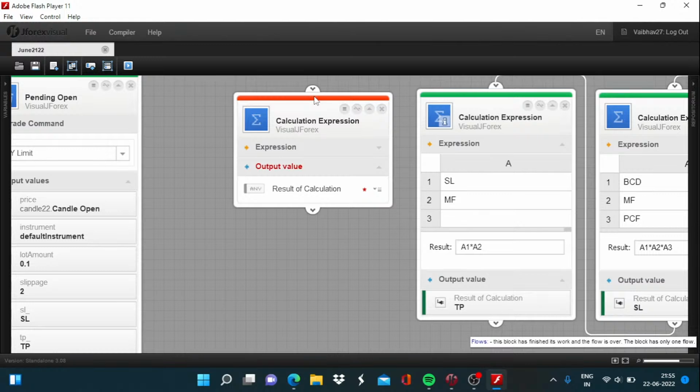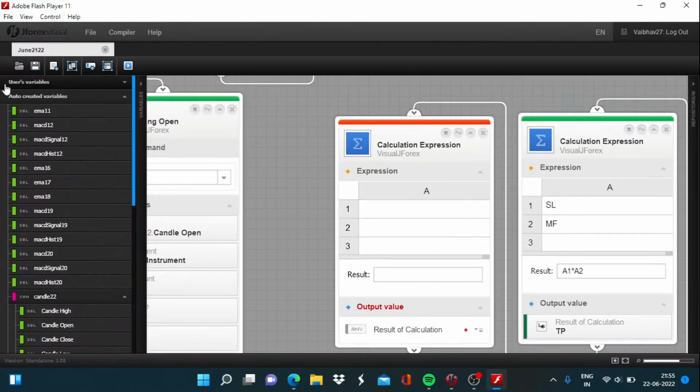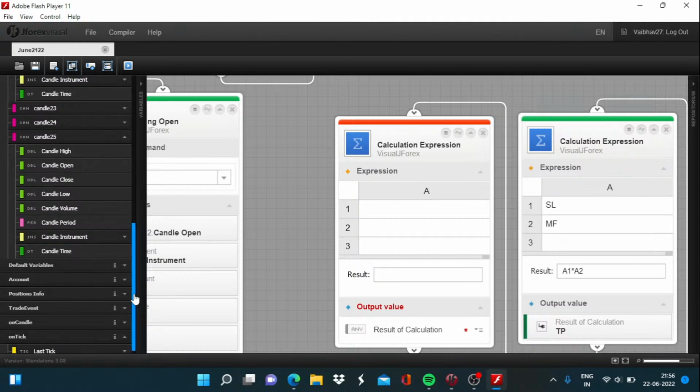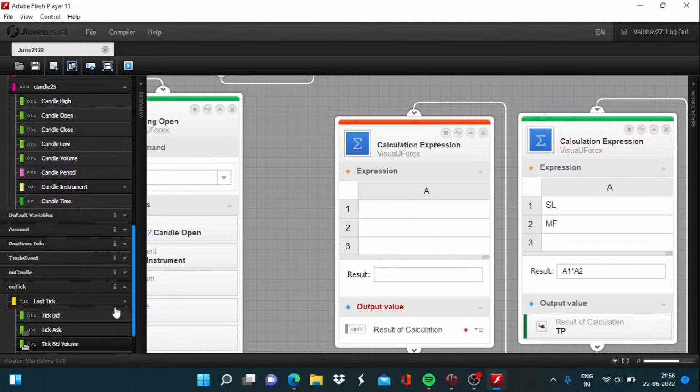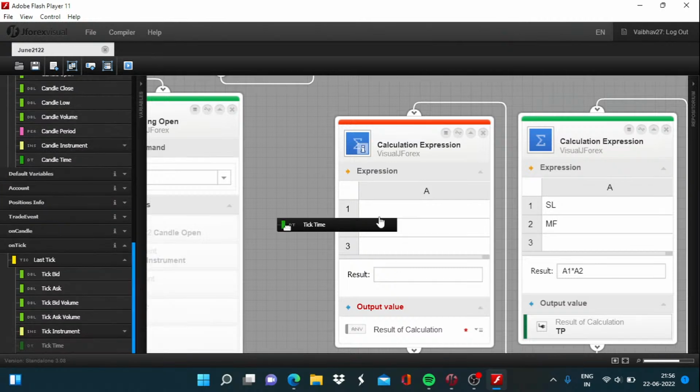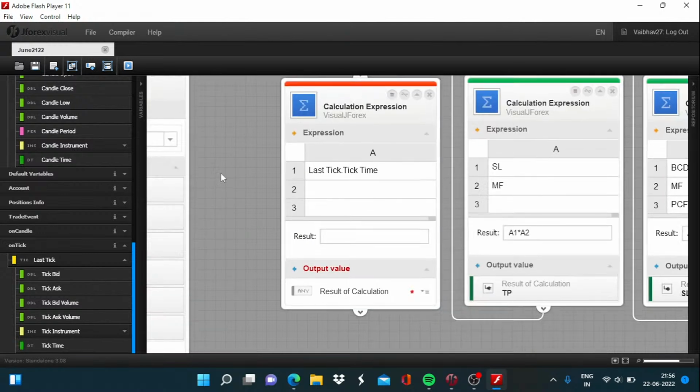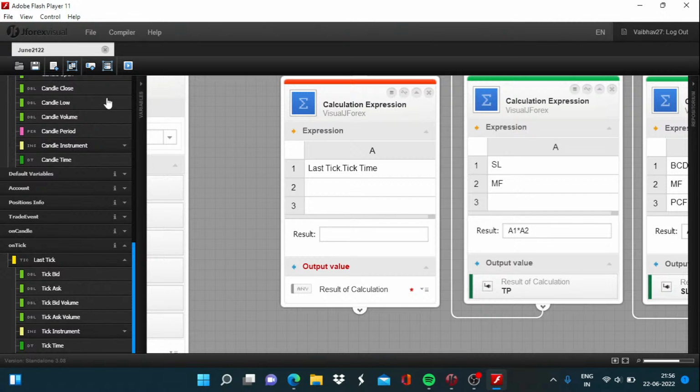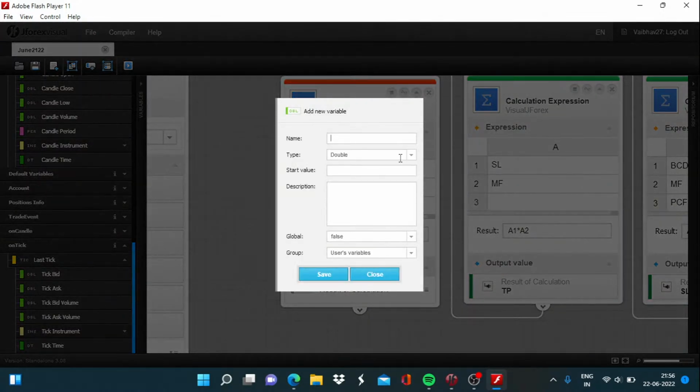So whatever is the last tick time, we add it to 3.6 million ticks multiplied by 2 to make sure that the order validity is 2 hours. Okay, this will be named OVT.